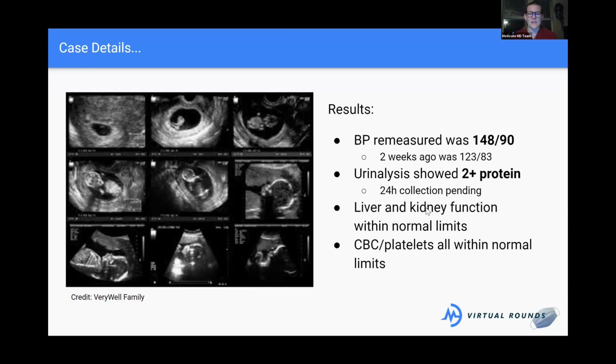So at this point, she has high blood pressure and protein in the urine. If you remember back to her physical exam, she also had swelling of the ankles, and that can be caused by high blood pressure.